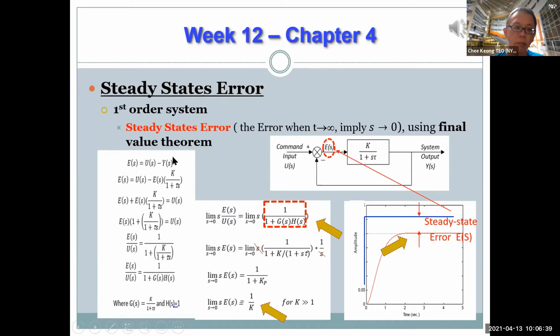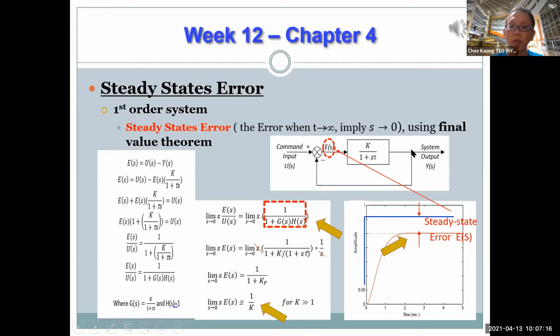If you are keen on going through the mathematics, you can go through this chunk of mathematics here. If you cannot understand it or think it is too tough, you can just remember this. Now, how to remember this? Remember for the closed loop negative feedback transfer function, block diagram manipulation rule 7 states that if we want to find y of s over u of s, it is basically g over 1 plus gh, right?